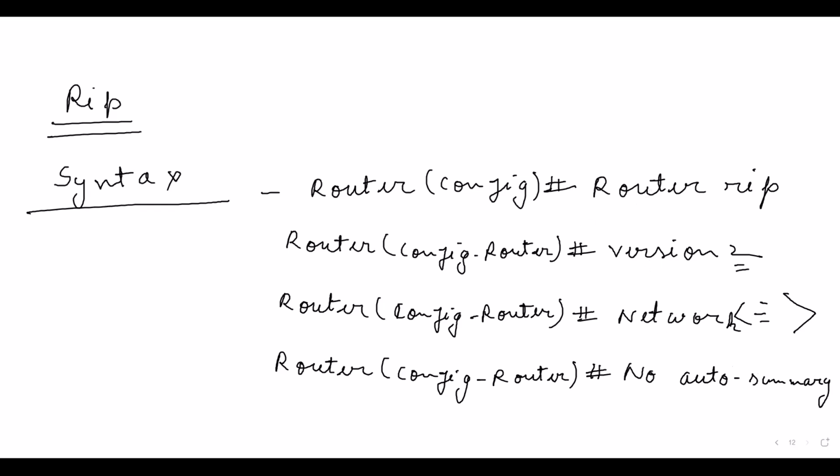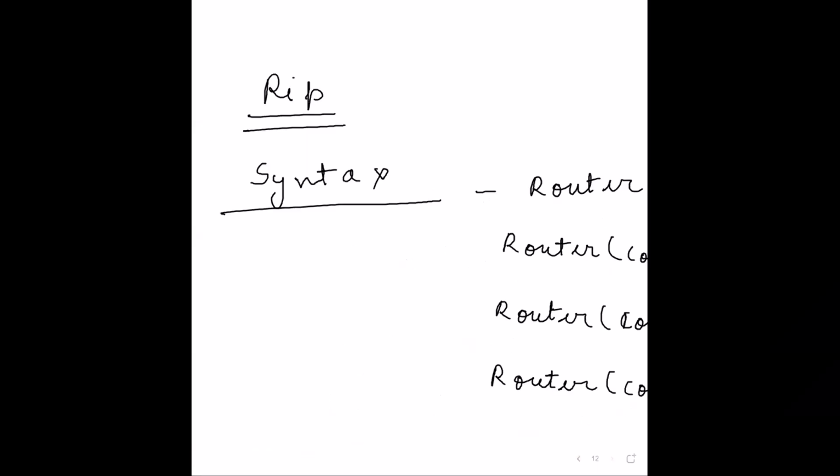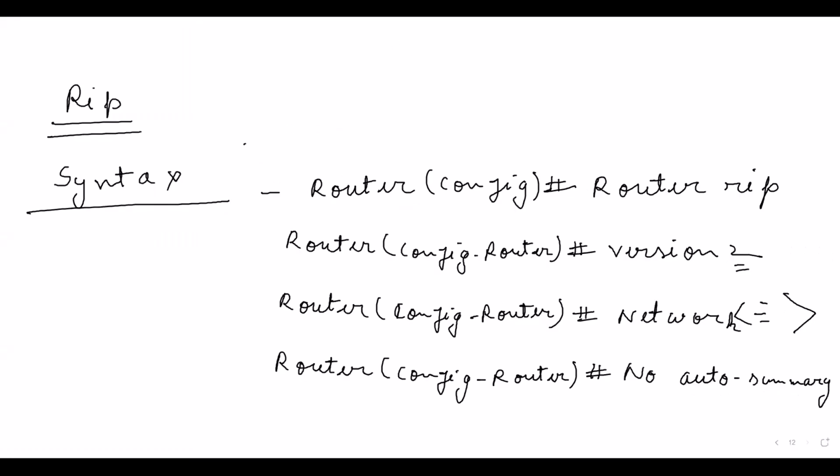Let's apply a little bit fast. I already have lab, so we don't need to care. Great. The last one is no auto summary. Yeah, no auto summary. I have notes also.